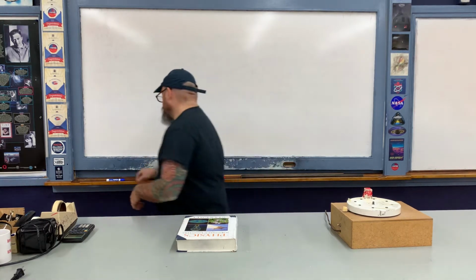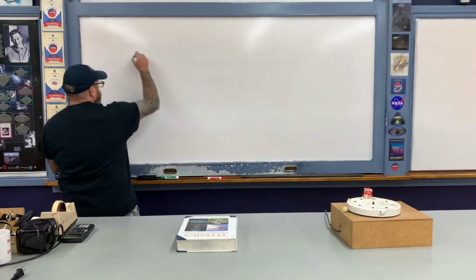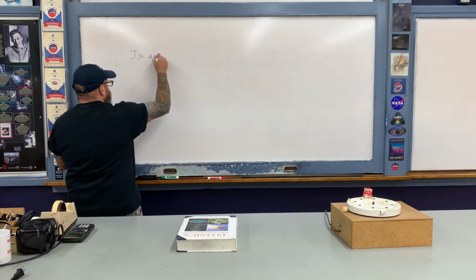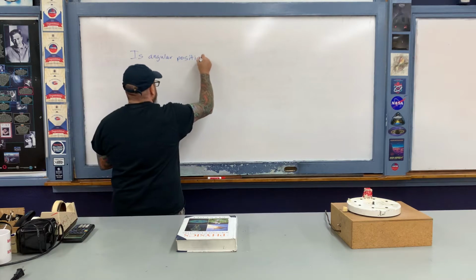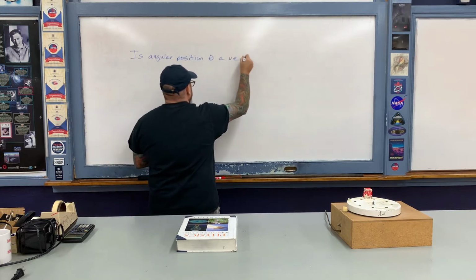So, for example, say the commutative property of vector addition. If angular position is a vector, does it obey the commutative property? Let's begin by asking that question. Is angular position theta a vector quantity?